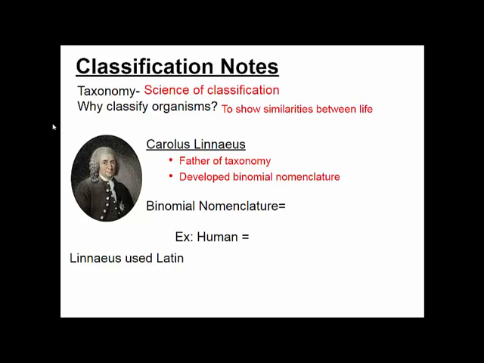So bi means two. Nomial has to do with a name, from the root nomen. So a two-name system of naming things. Linnaeus came up with this system in which every living species that's been identified by scientists gets a unique name that has two parts to it, two words to it.